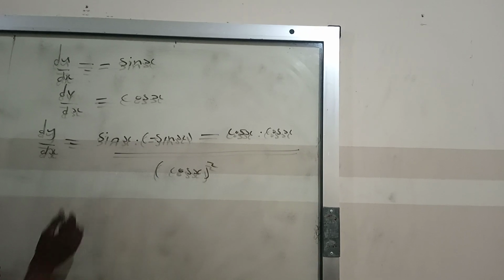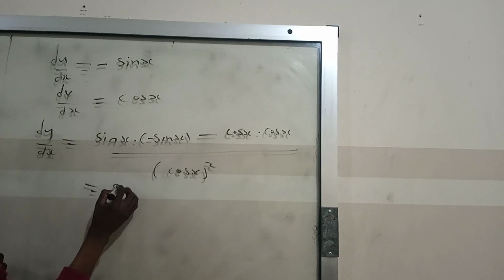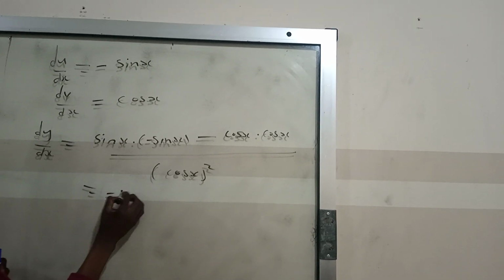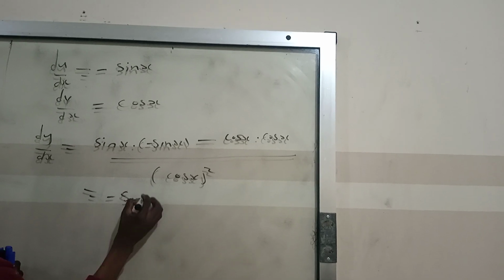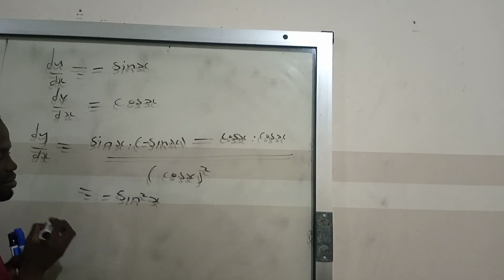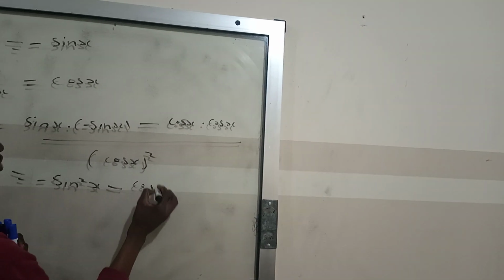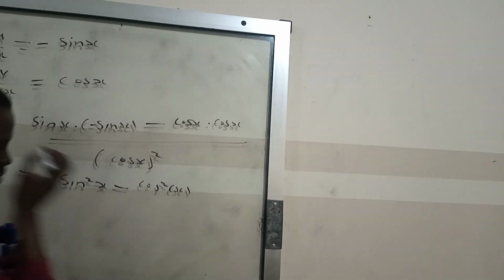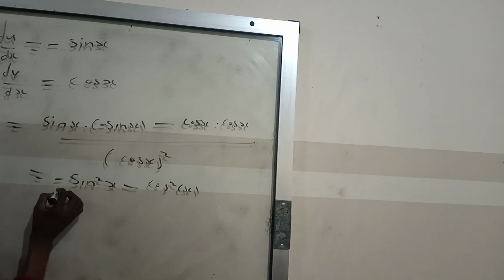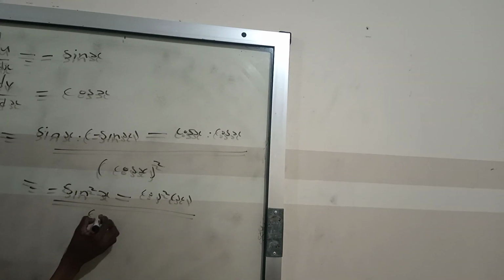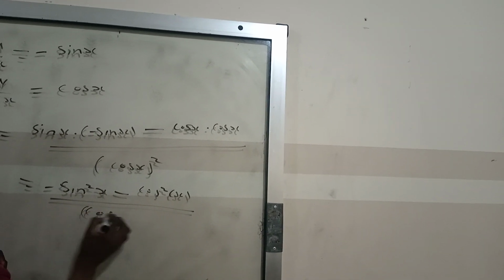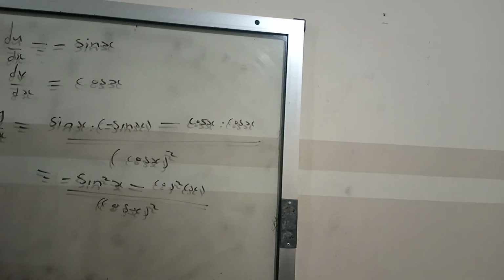So here, if you multiply this one by this, you get minus sin square x, minus this one times this, cos square x, all divided by sin x all squared.